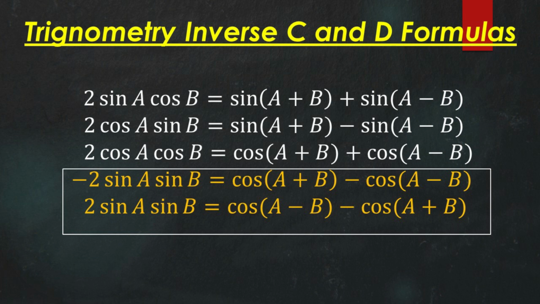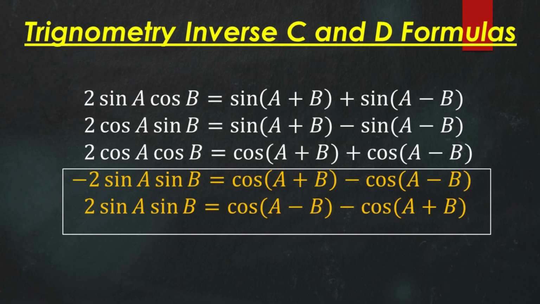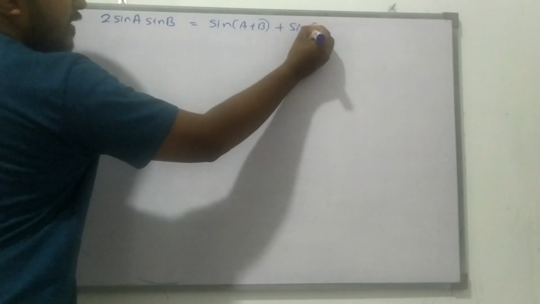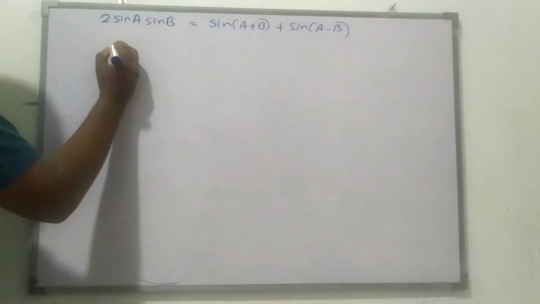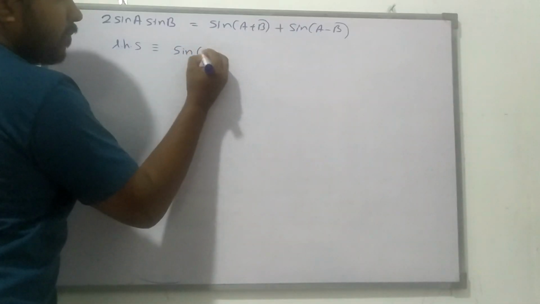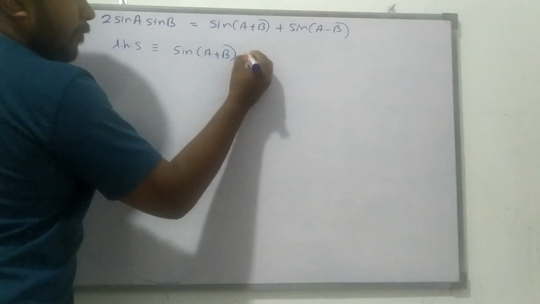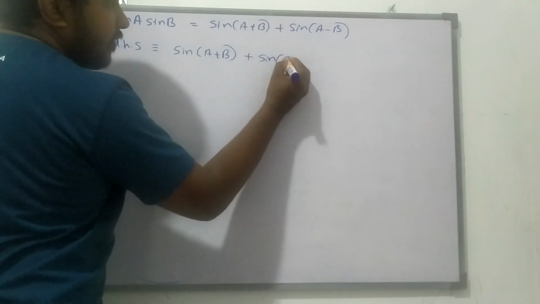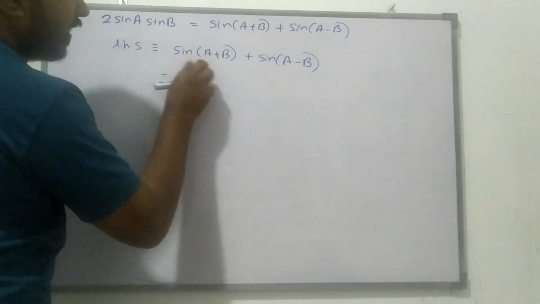Okay, so now I'm going to describe the proof of that formula set. The first one is 2 sin A cos B equals sin(A plus B) plus sin(A minus B). I'm going to start from the left-hand side: sin(A plus B) plus sin(A minus B). What is sin(A plus B)?